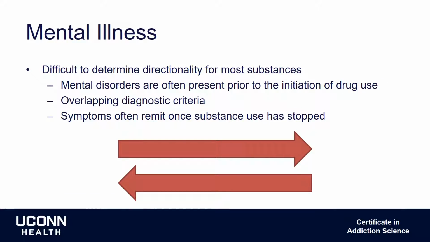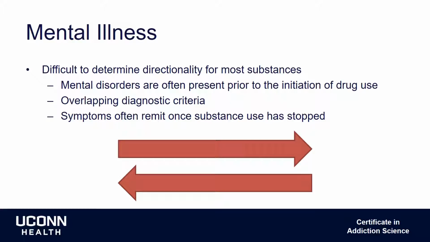But we don't know necessarily what direction this relationship goes in. Did the mental disorder come first and you're using the substances to self-medicate, or did the substance use occur first and actually cause the mental illness? Most of the time, substance use doesn't cause the mental illness itself, but the diagnostic criteria do overlap quite substantially.